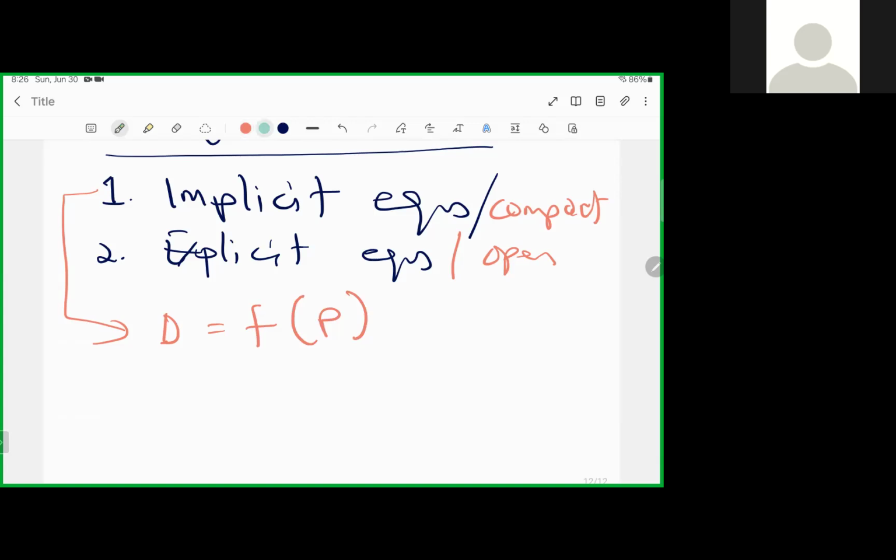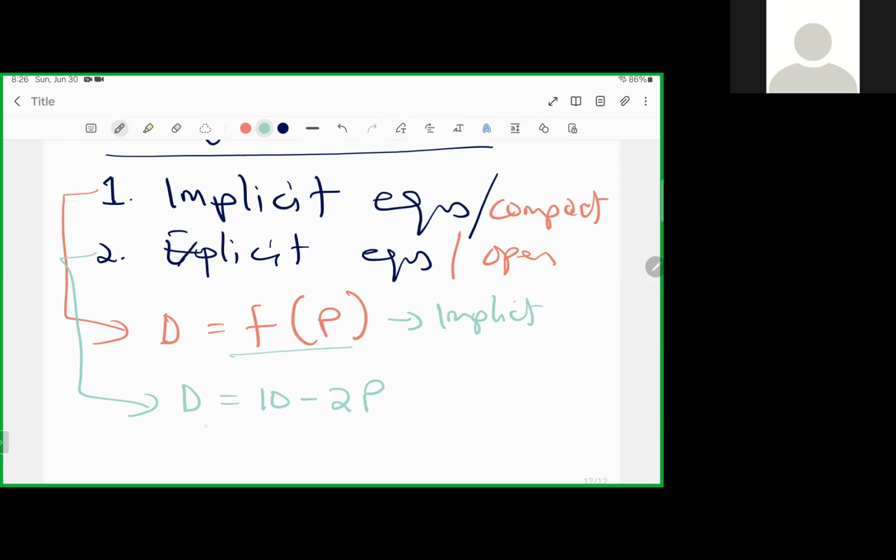To write it in an explicit form, you need to specify the particular relationship between price and demand. So in an explicit form, we will have demand equals, let's say, 10 minus maybe 2p. Please note, where p here is the price of the good.